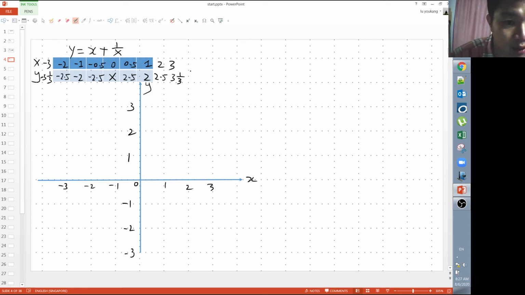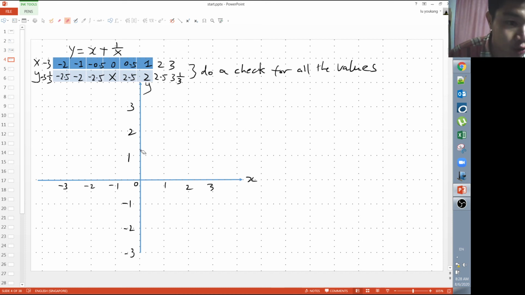After you have tabulated the table, what you need to do is check all the values. Why? Because all these values are going to affect your curve. If something is not right with one of your values, your curve is going to be affected.